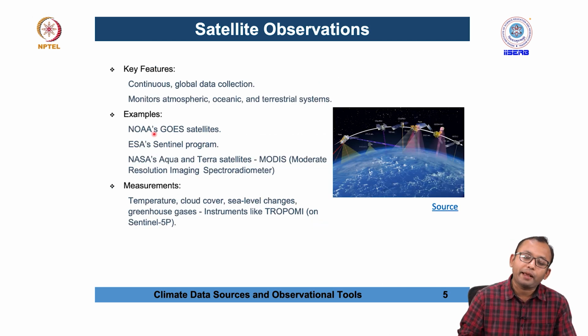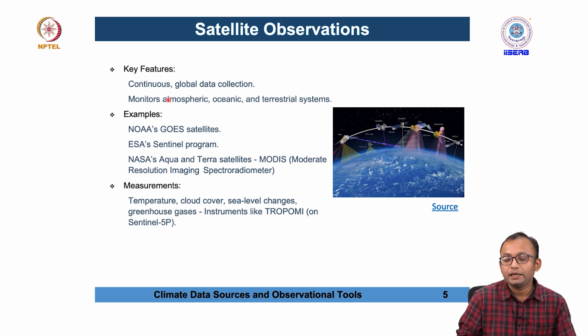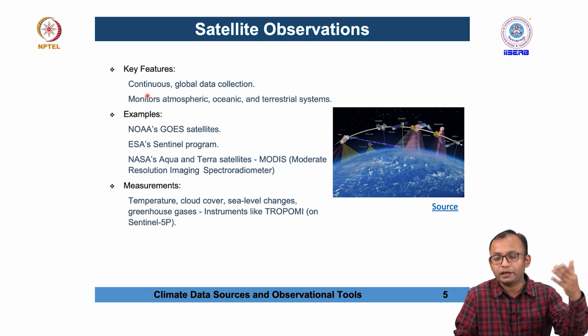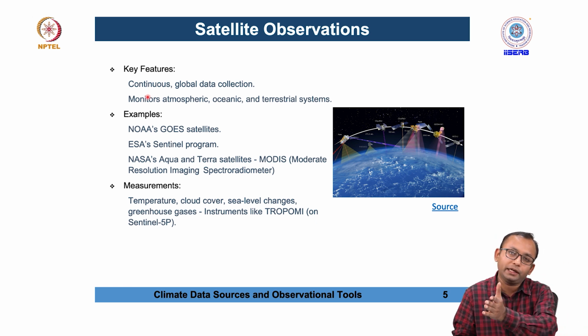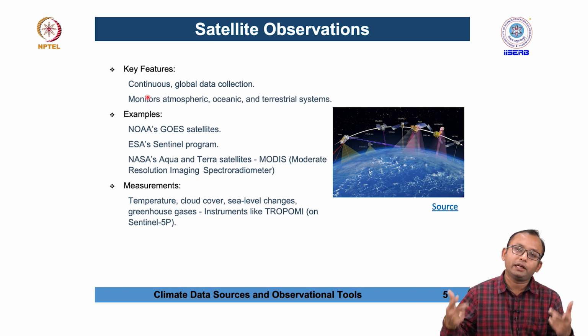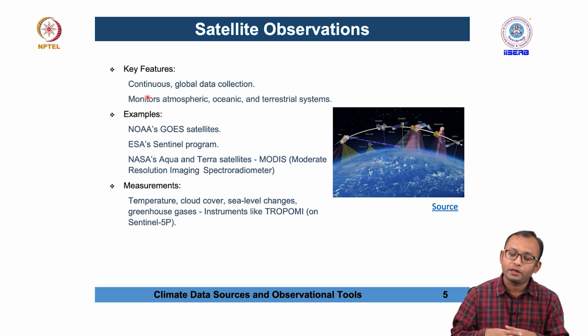Then there is another type of observation called satellite based observations, which is basically continuous observation from when the satellite was launched and till date, if it is working, it continuously records data, let us say atmospheric data, hydrological data, or land use, land cover characteristics data.